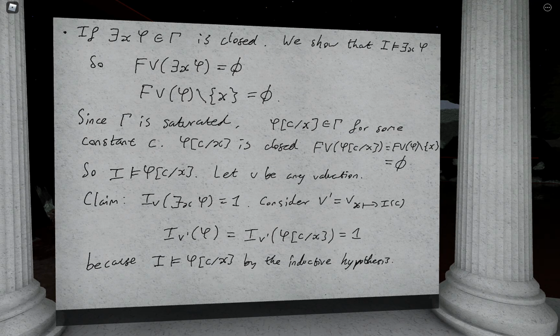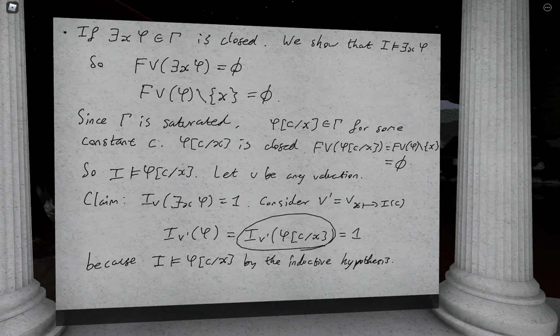And the inductive hypothesis applied because, oh yeah, I stated it here. It's closed. So I makes phi of C for X true. And making this statement is just that if you pick any valuation, for example, V prime, and you interpret that formula, you'll get 1, which is exactly what I claimed to happen.